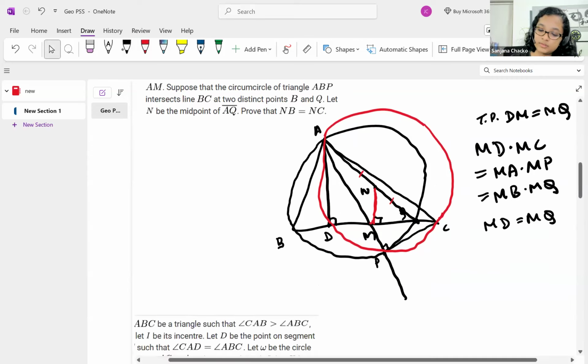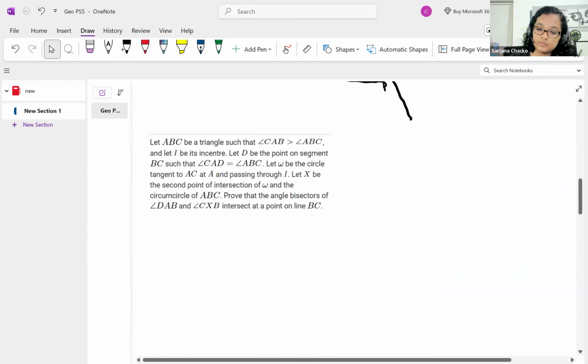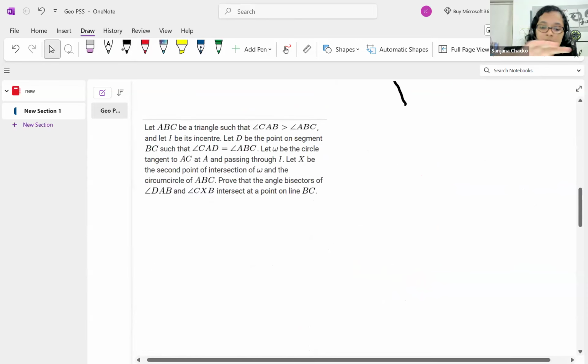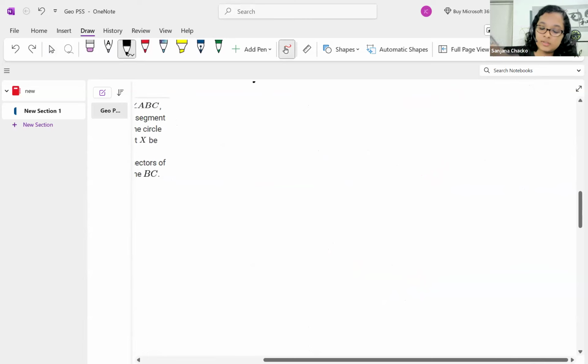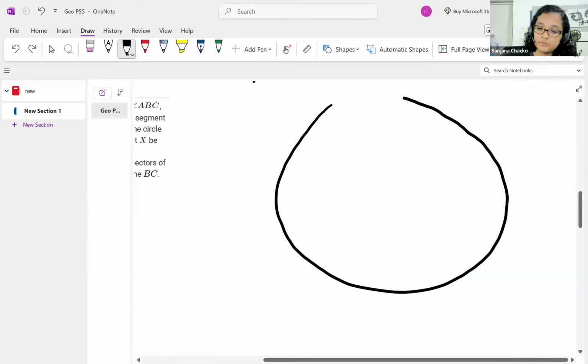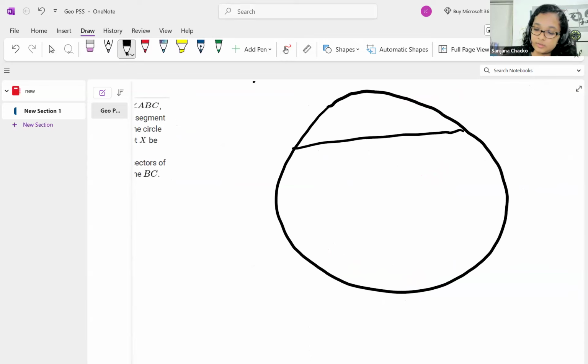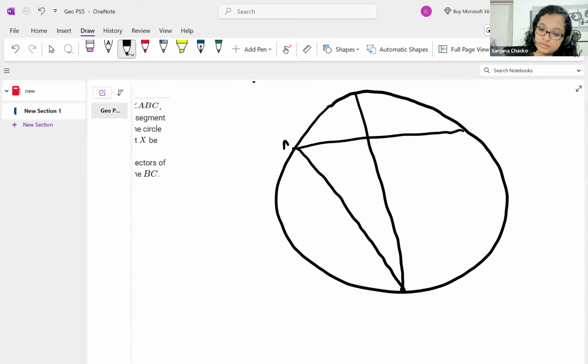Okay. So now let's move on to some slightly harder problems. And okay, before we try this problem, I just want to prove another lemma which would be useful here. So if you have a circle and you have a chord and you have the midpoint of this arc, and you have these points, and this is the midpoint of arc, you have MA squared is equal to MB times MD.